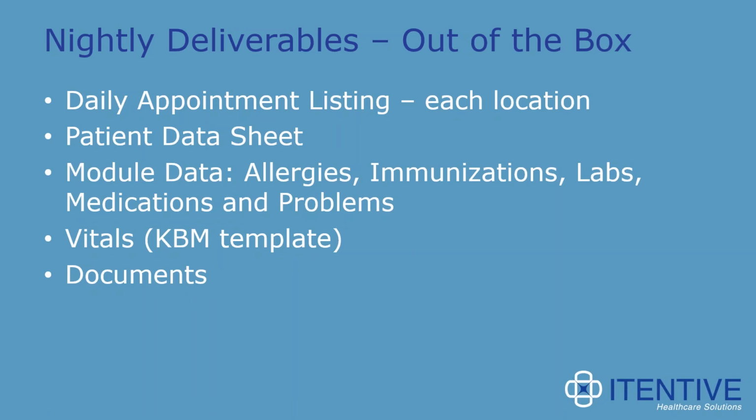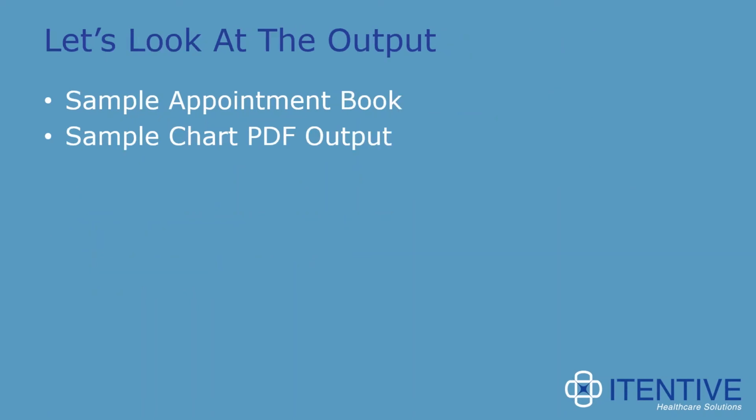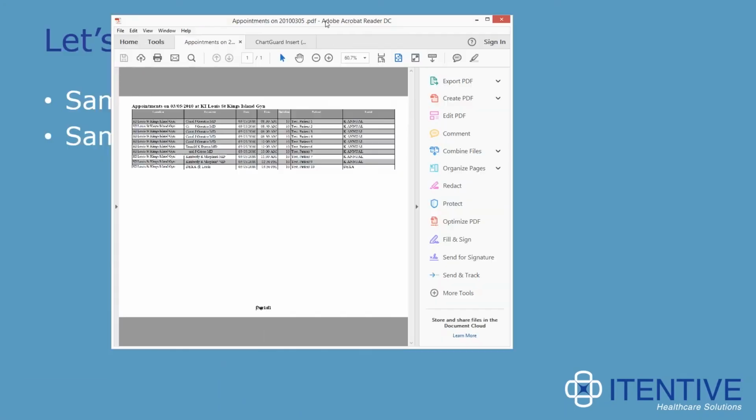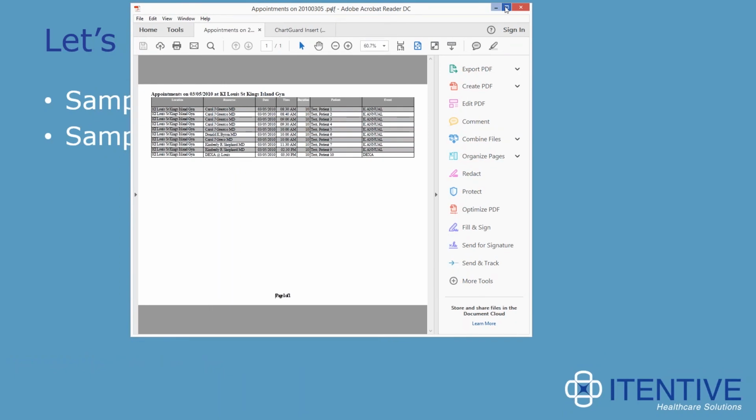So it's things like allergies, immunizations, medications, problems, lab orders, vitals. So all that information that you see here on this slide gets packaged neatly into that PDF file for you to either print out or use electronically. And we'll show you what that looks like in just a minute.